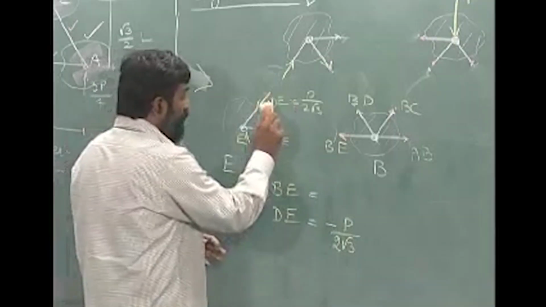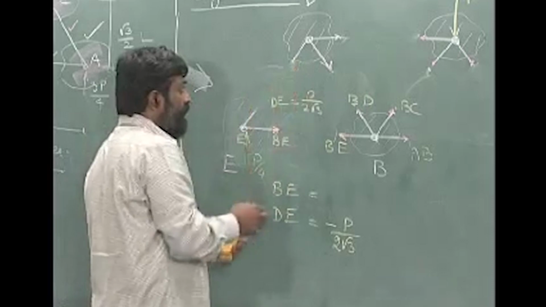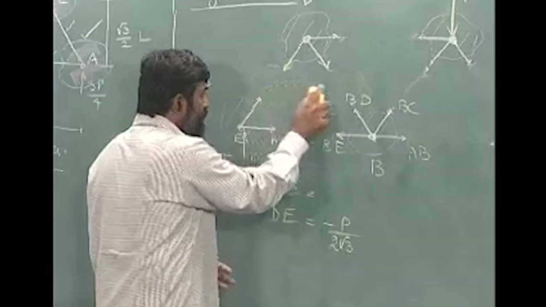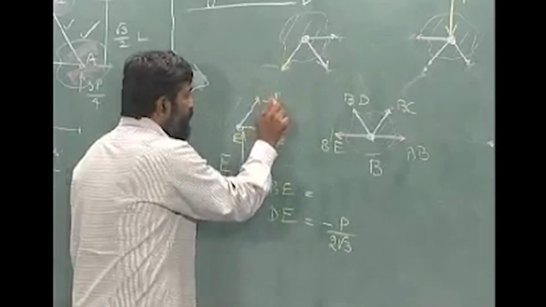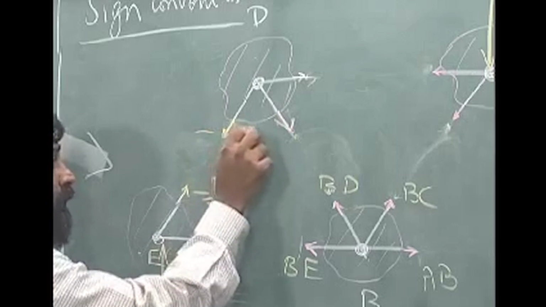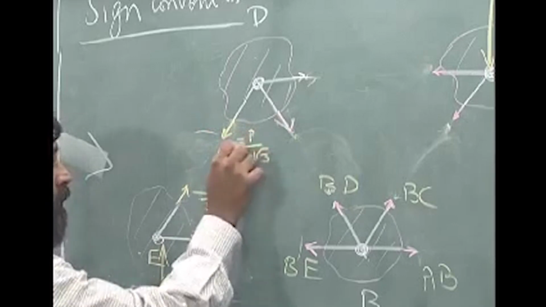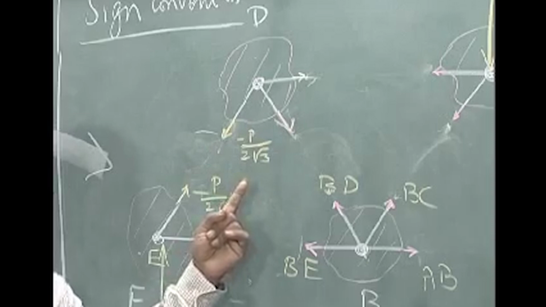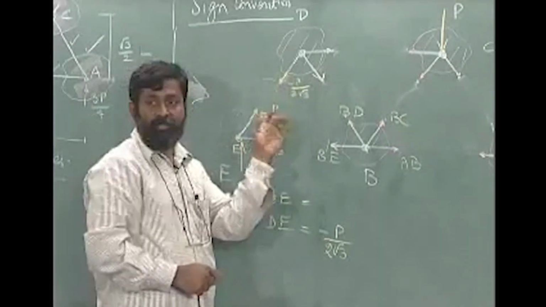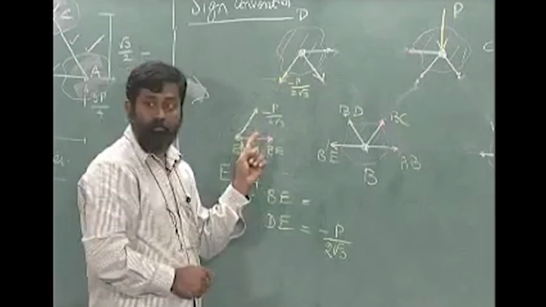Other way of looking at it is, I can retain the direction that I have, which is like this and like this, and insert the value minus P by 2 root 3, same here, minus P by 2 root 3. One of the common mistakes done by people is, since this direction is minus, this should be plus. No, this is an internal force.